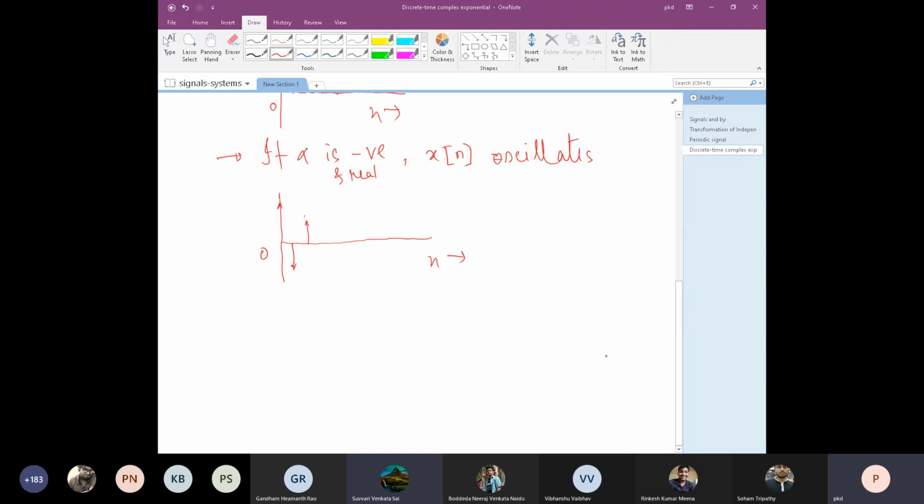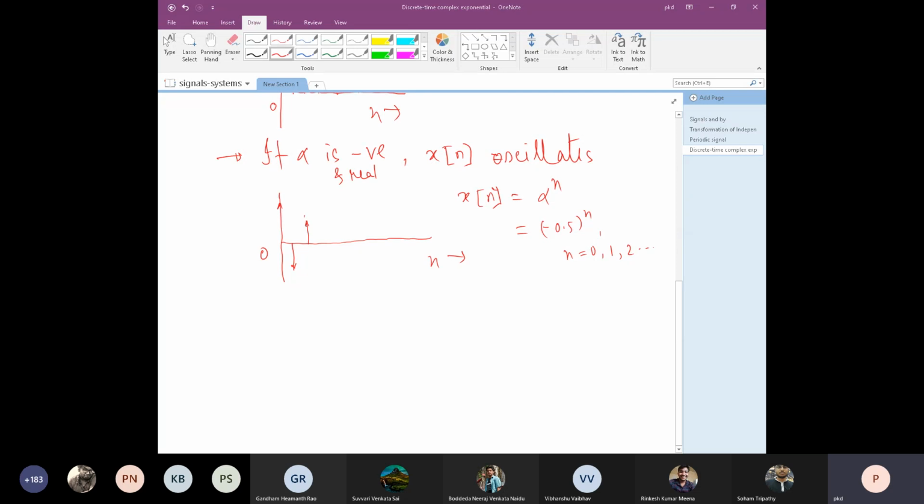Because it is alpha to the power n, x[n] equal to alpha to the power n. Say minus 0.5 to the power n, n equal to 0, 1, 2, like this.